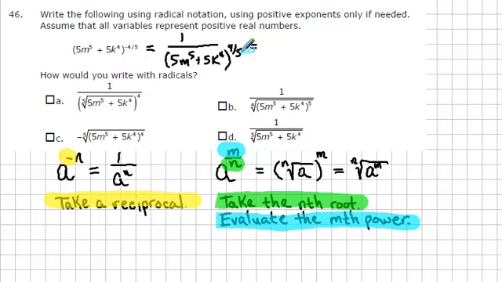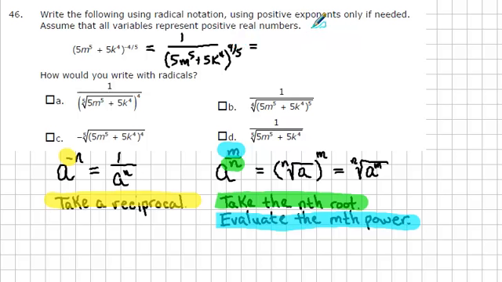Now we need to recall the meaning of the rational exponent. We see that there's a 5 in the denominator of the fractional exponent, so that tells us that we'll need to take a fifth root. After we take the fifth root, then we'll need to evaluate the mth power.